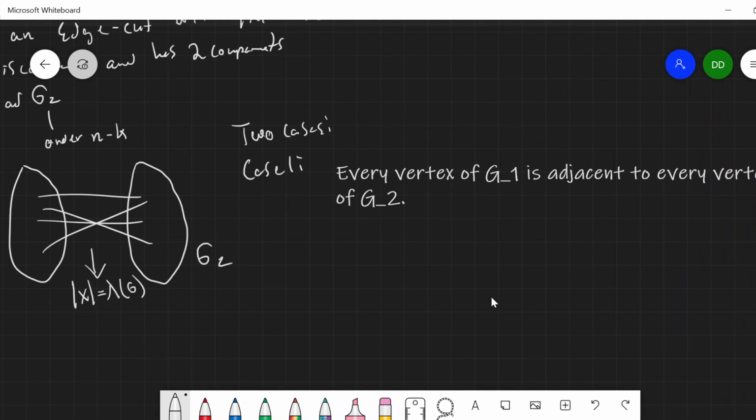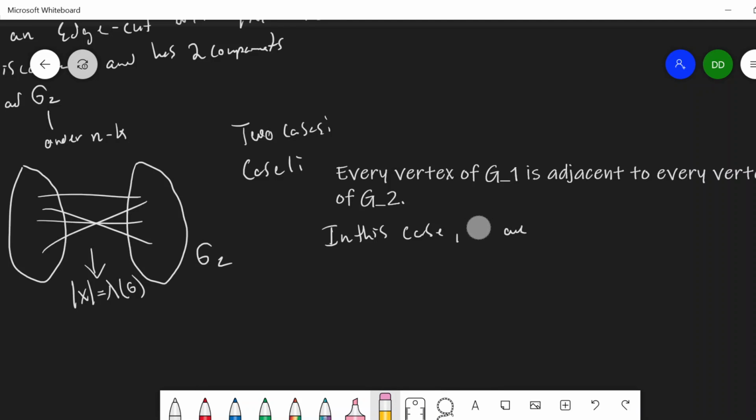Now this was exactly the case when we proved the edge connectivity of the complete graph. So in this case, the edge cut has cardinality equal to k times n minus k, since G1 had order k and G2 had order n minus k.